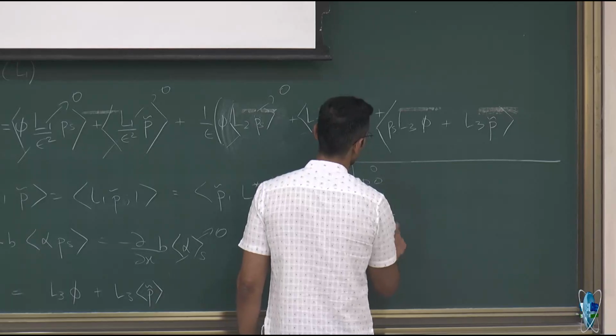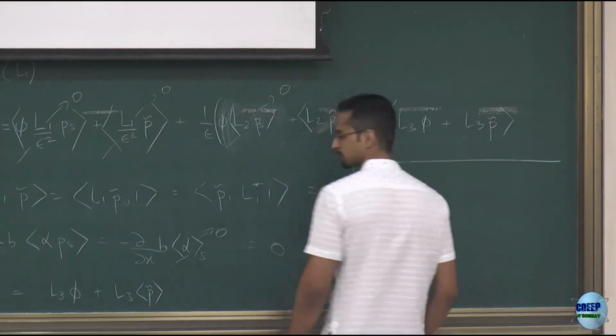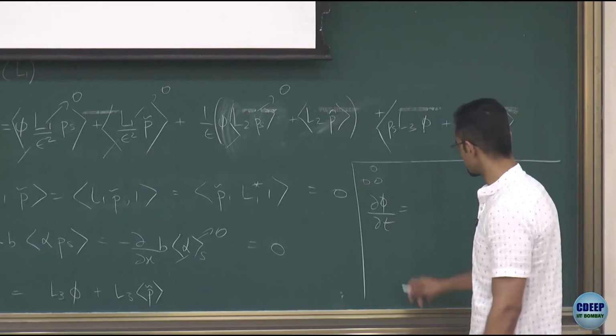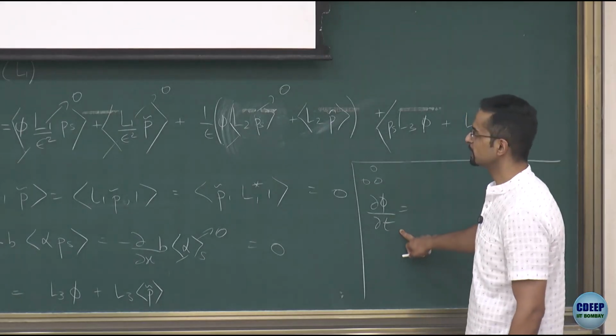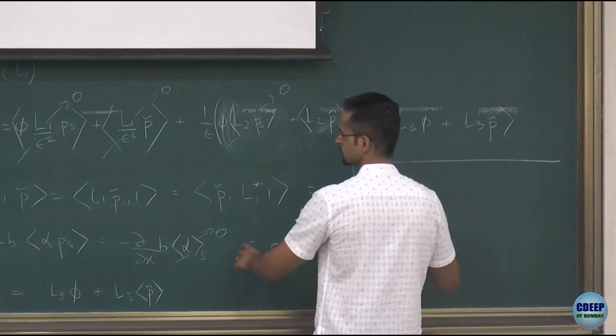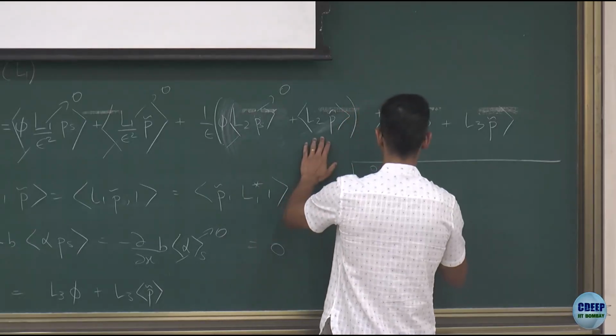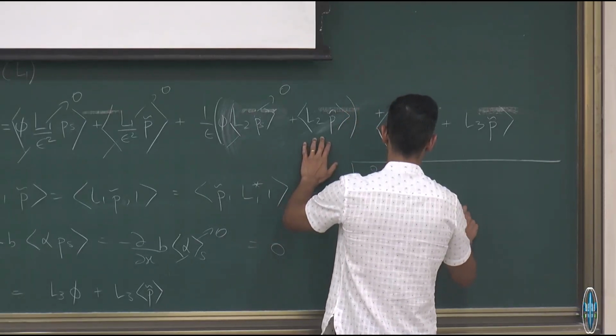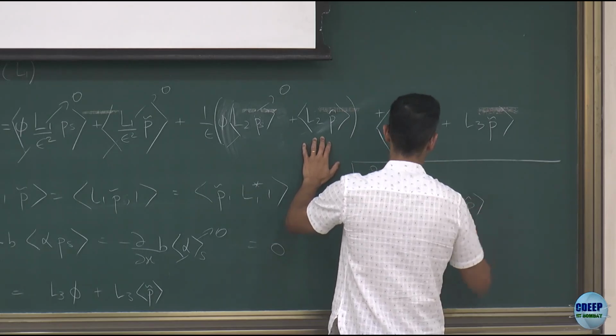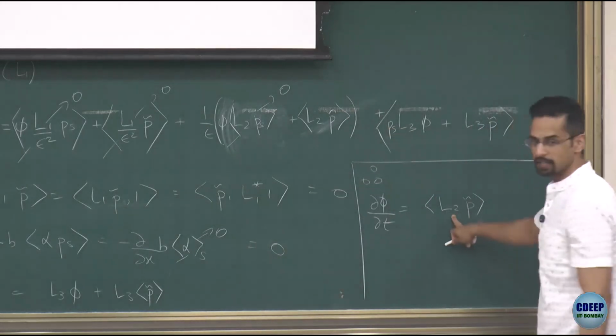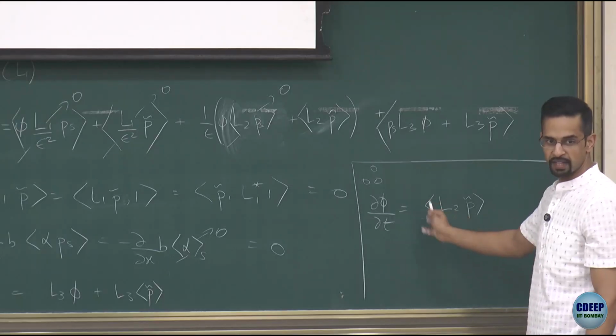So this is my equation for phi now, up to this point, which has, of course, some unclosed terms, which I have to deal with. Okay. So I have dou phi dou t is equal to L2 P tilde, where I cannot take L2 out because alpha is sitting inside, but I'll simplify it later.